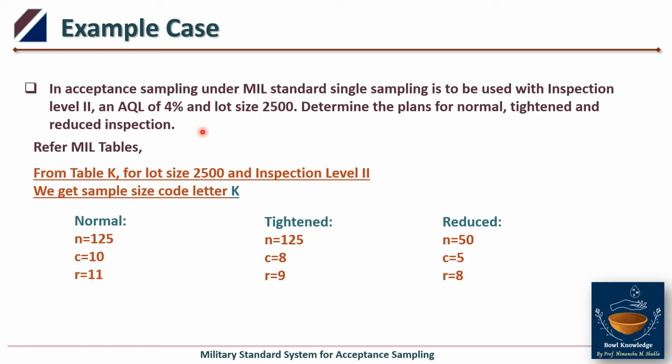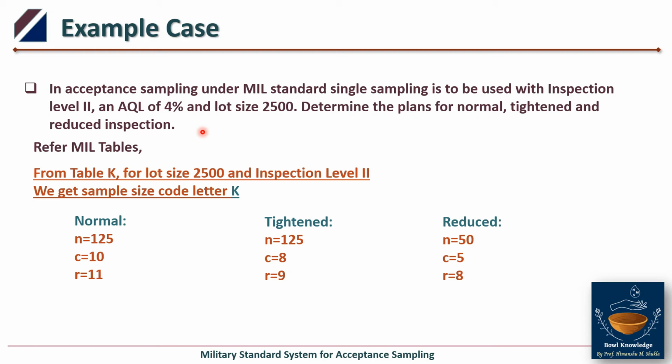The third inspection is reduced inspection, where we intend the same results by choosing a lesser sample size as compared to normal and tightened. So these are the MIL plans, and the 3 options which are normal, tightened and reduced.